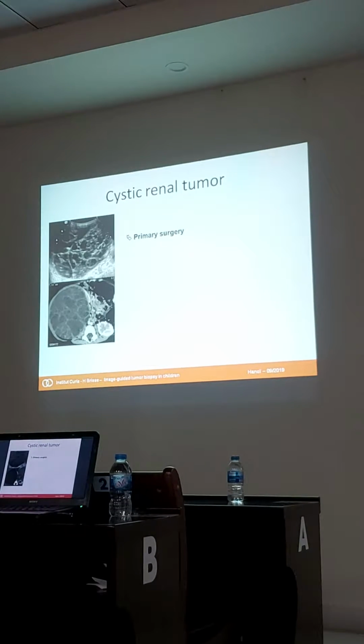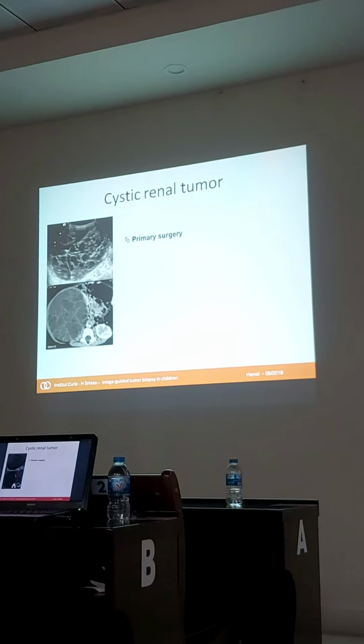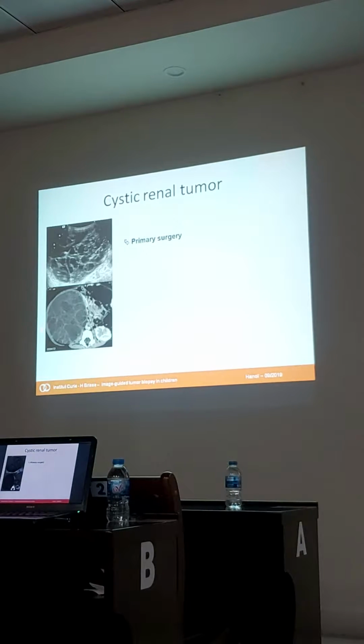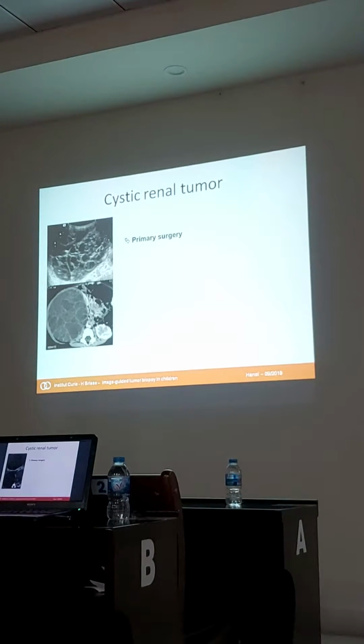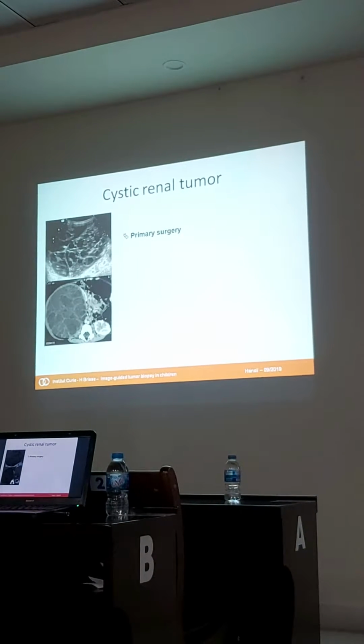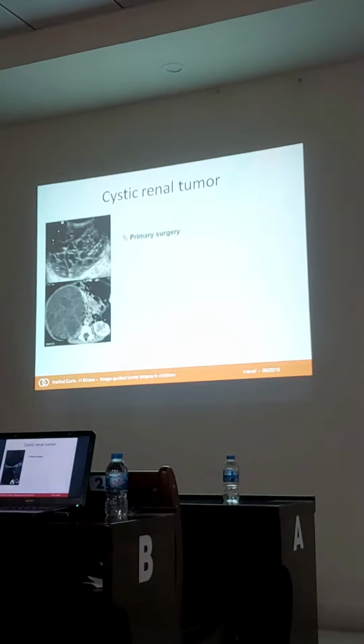For example, for cystic tumors, usually we also perform primary surgery. We do not biopsy in these situations, because if you do biopsy here, you won't get enough tissue. It's very thin septa between the cysts, and the pathologist will not be able to answer.